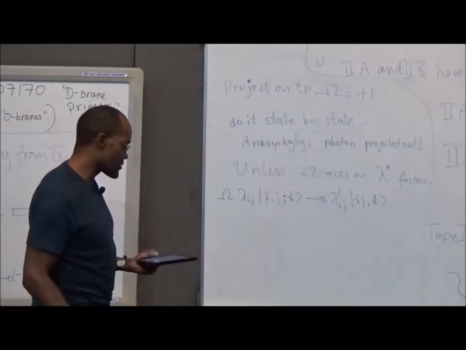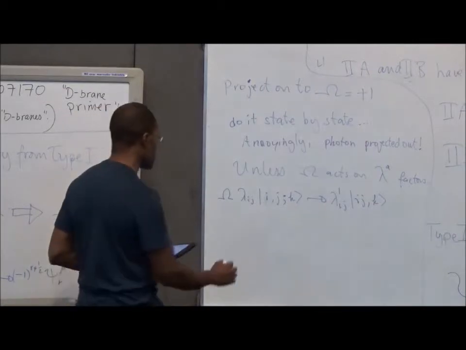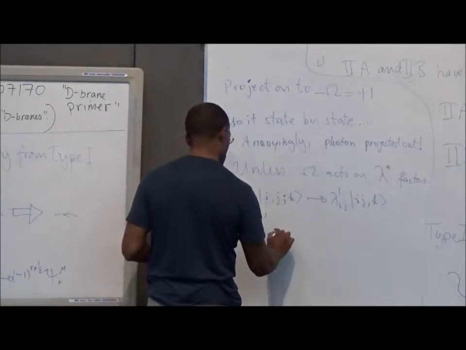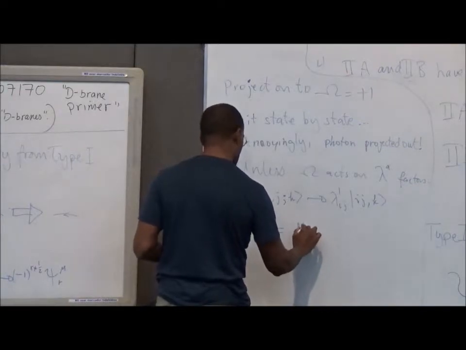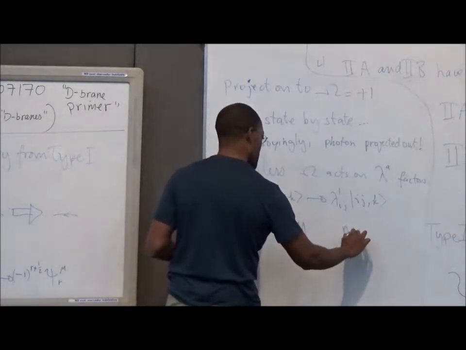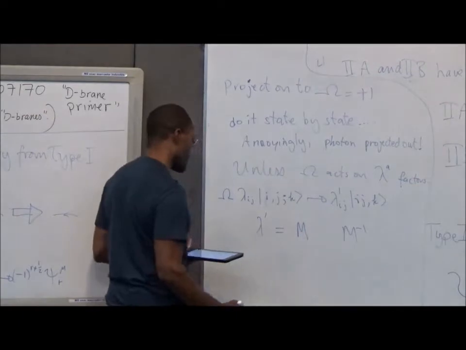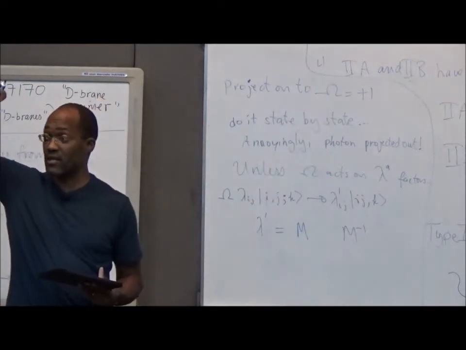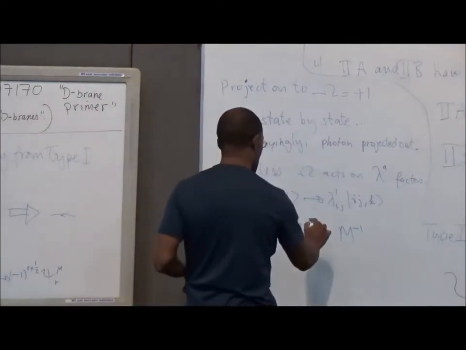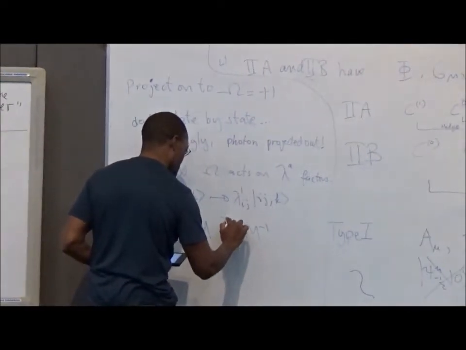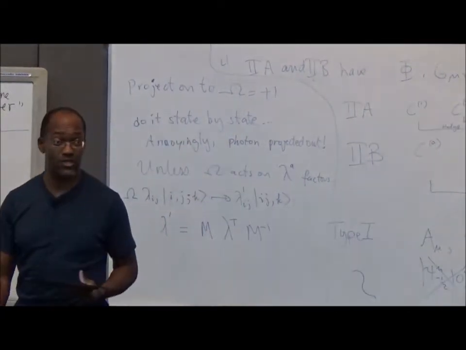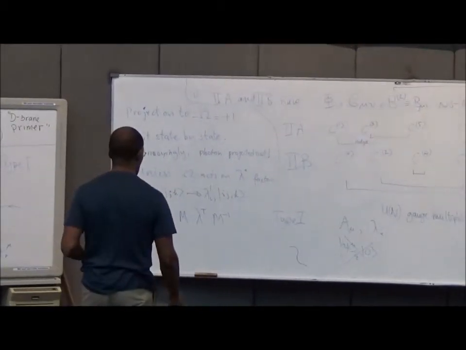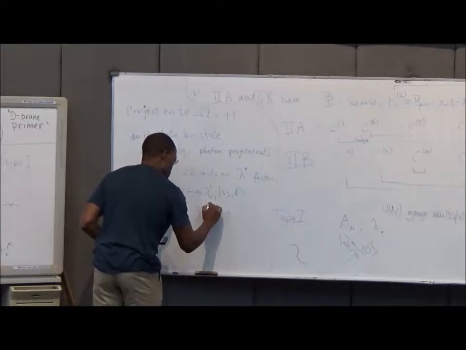And lambda prime then would be M to the -1, and if you think about it, because I'm also exchanging the ends of the string, this will now be lambda transposed, sandwiched in there. So let's just remind ourselves, because we're exchanging ends.